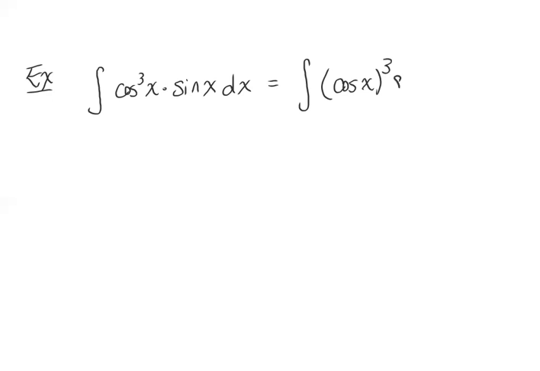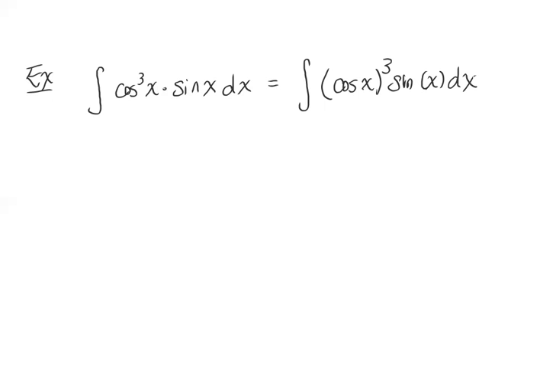Let's say I want to find the integral of the cosine cubed of x times the sine of x dx, which anytime I see an exponent on a trigonometric function, I like to rewrite it. This means cosine of x cubed times the sine of x dx.